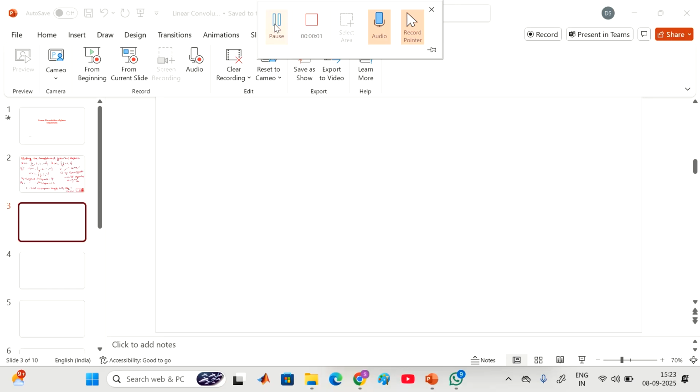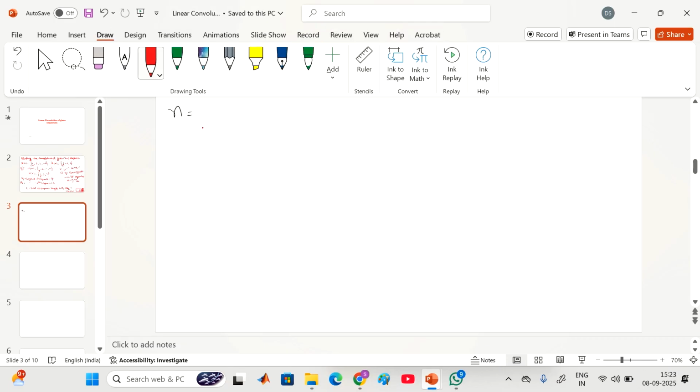So let us consider small n as the starting index for the first sequence. If you observe x of n, it is 1, 2, 1, minus 1. So the starting value is n equal to 0.